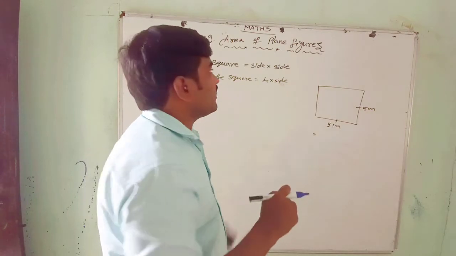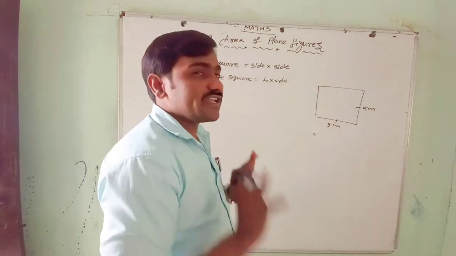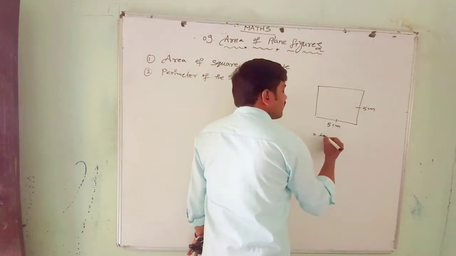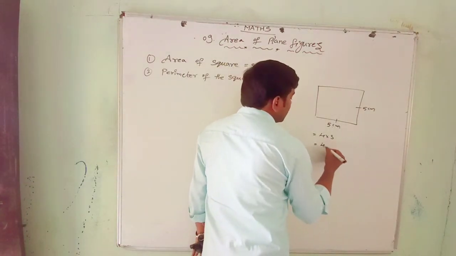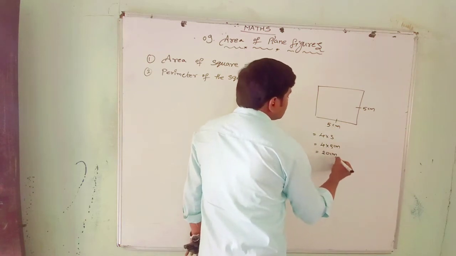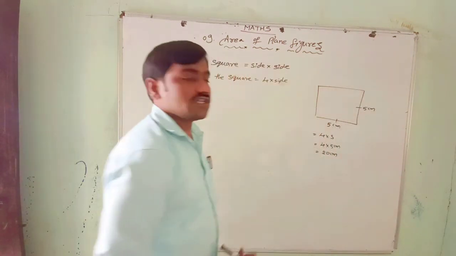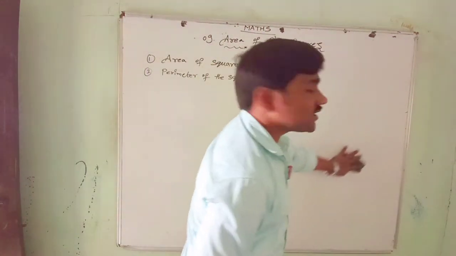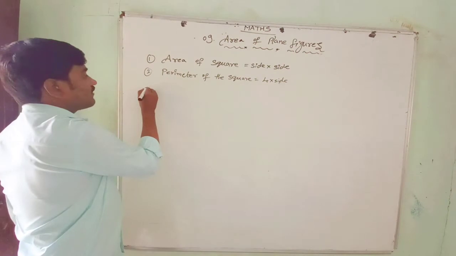But in this chapter we are going to discuss only areas. Perimeter formulas మనం యూజ్ చేయము. But even though, I will tell you this: 4 into side. The side is 5 centimeters, so 4 into side is 20 centimeters. The perimeter of this square is 20 centimeters. In this way we can find it. I will be giving you examples also along with the formulas.